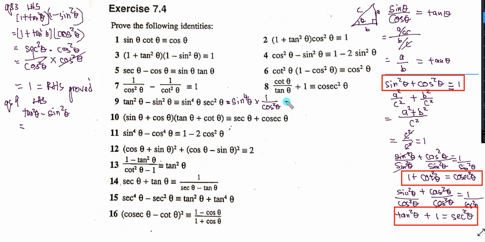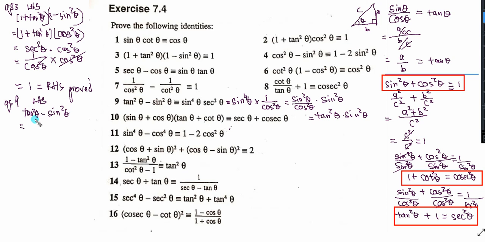So this is equal to sine square theta over cosine square theta times again sine square theta. So sine square theta times sine square theta gives you sine to the power 4. This is equal to tangent square theta times sine square theta. Okay, this is just to give you some clue.